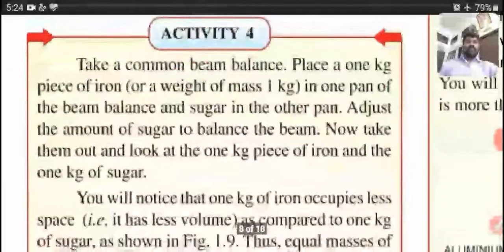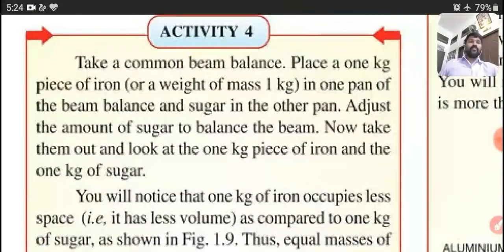Place 1 kg of iron, or a weight of mass 1 kg, in one pan of the beam balance and sugar in another pan. Okay students, in one pan a 1 kg piece of iron or weight of 1 kg, in another pan of the beam balance we are going to keep sugar.